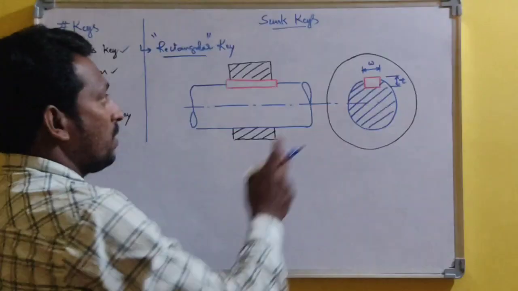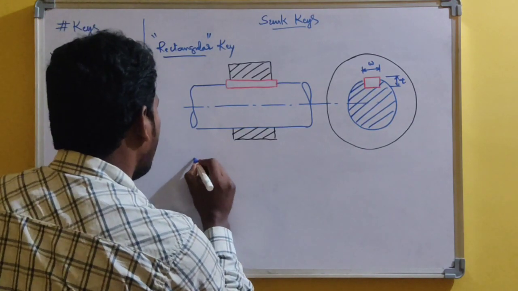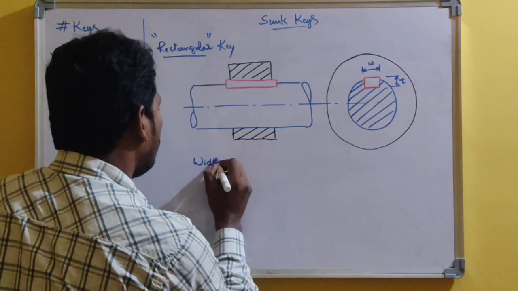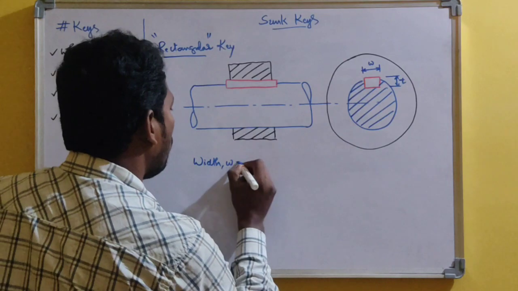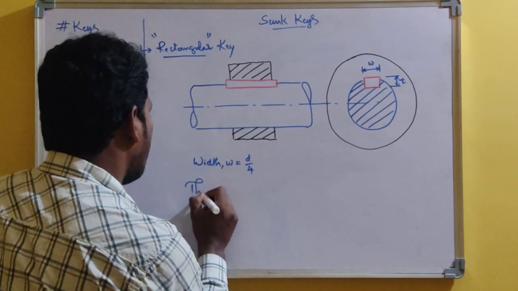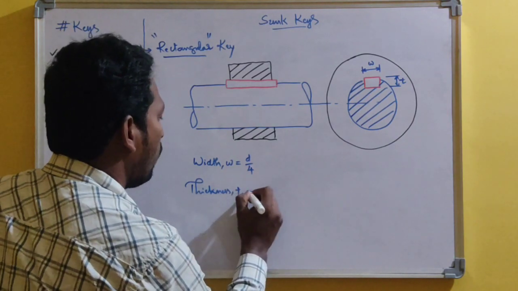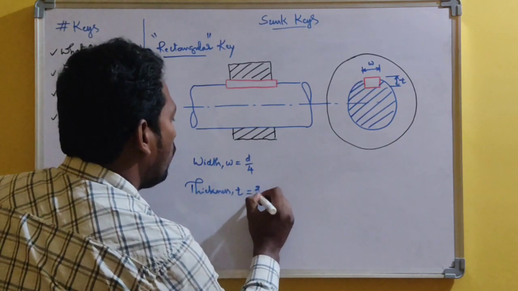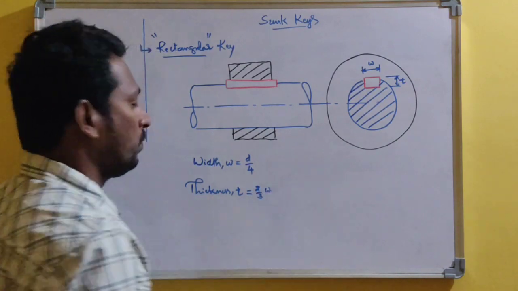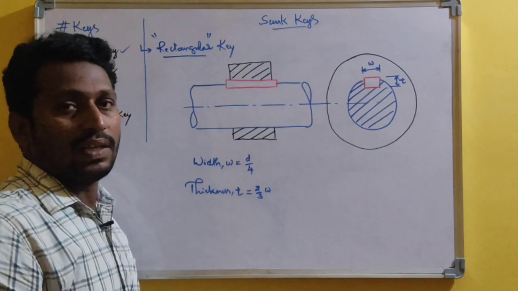The dimensions of this rectangular key: this is the width and this height is the thickness. The cross section is rectangular. The dimensions are: width W is equal to D by 4, and thickness small t is equal to 2/3 of the width. These are the constant proportions to find the width and thickness of the key.